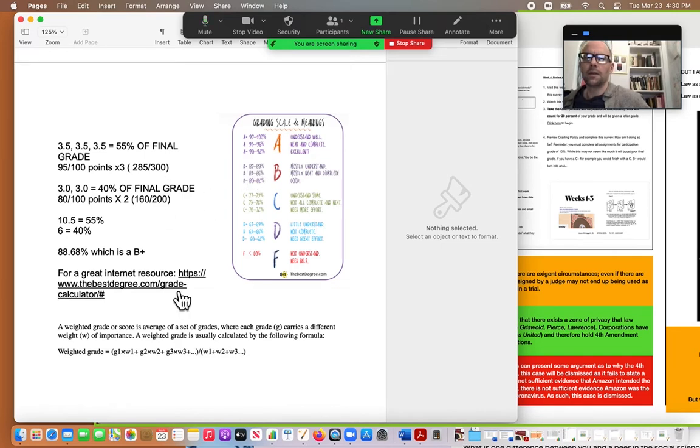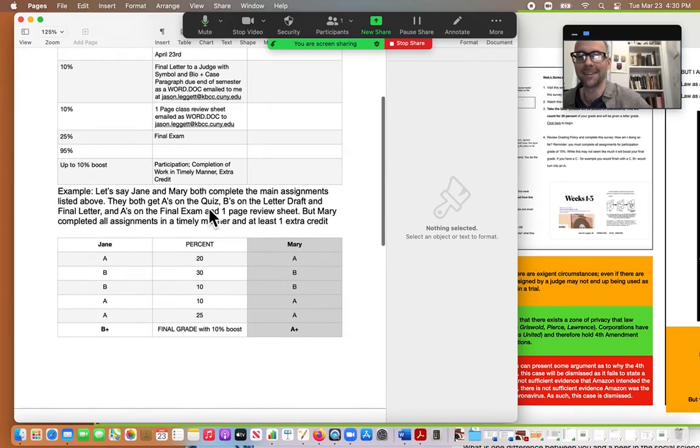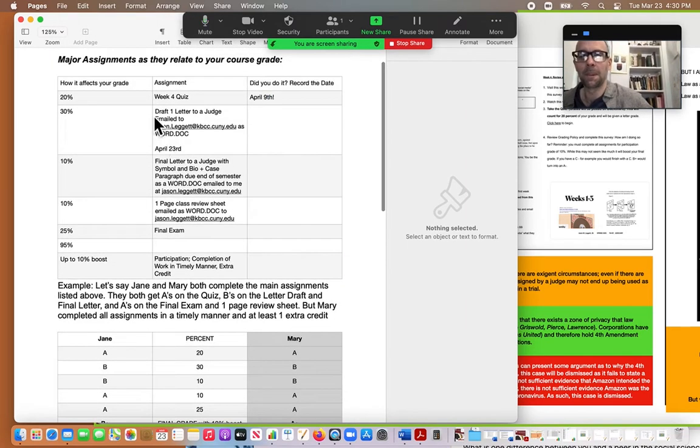The idea here is that I care about this assignment more than anything, to be honest with you. The letter to the judge, because this is where you can show me that you're understanding these concepts with something that's personal to you.